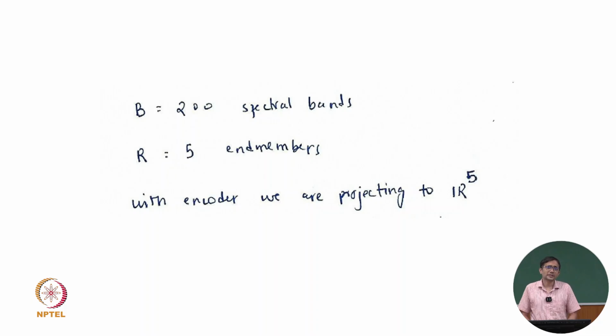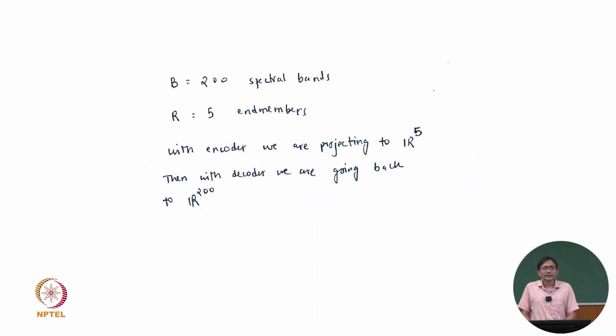So the 5-dimensional vector is what we get from the encoder, and then with the decoder, we are going back to the original 200-dimensional vector.